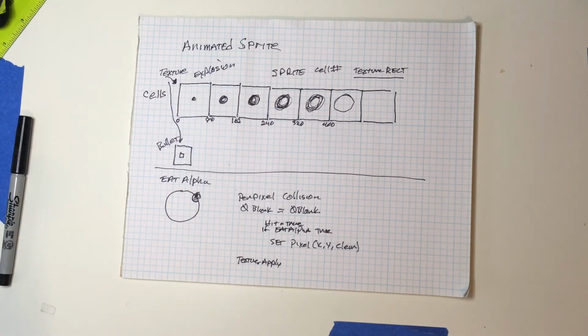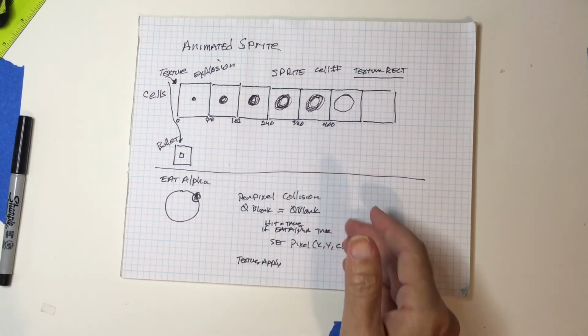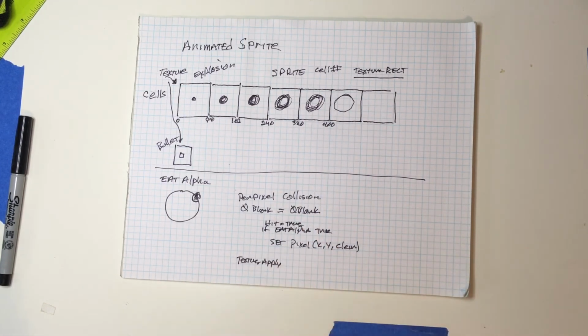All right, so there we go. That's animated sprites, and that's eating the alpha with our per pixel collision. And that's another reason why we had to do the per pixel collision, to help eat up the planet that you hit. All right, so this pretty much concludes what we set ourselves up to do last time.